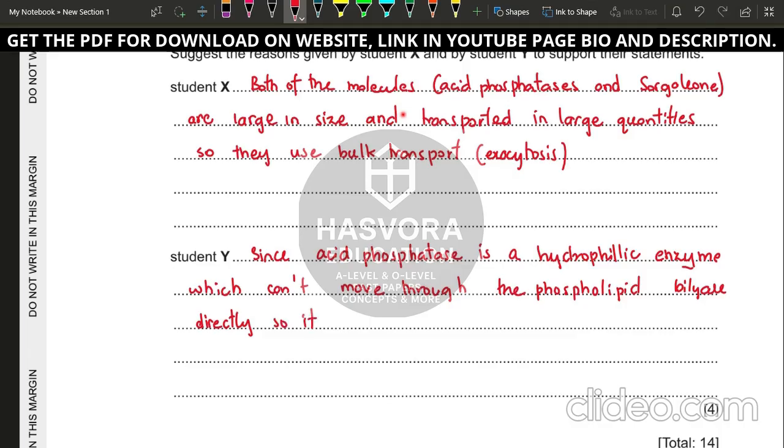So it is transported using active transport.